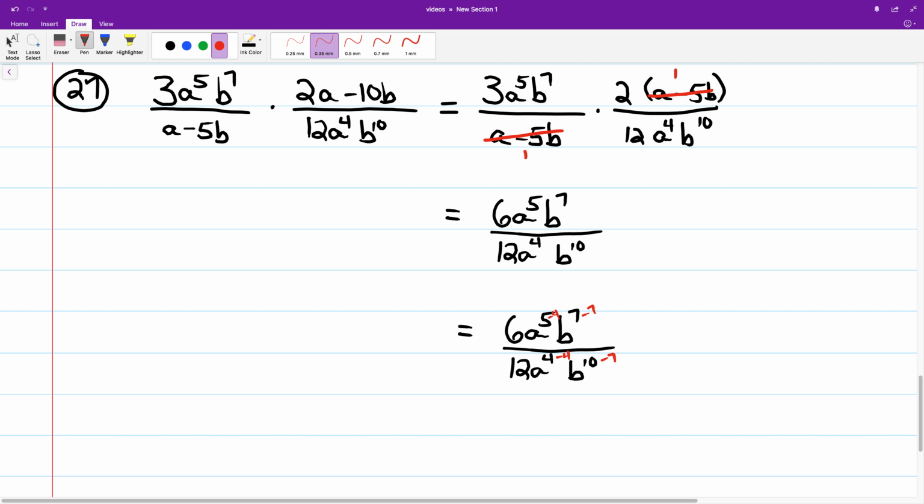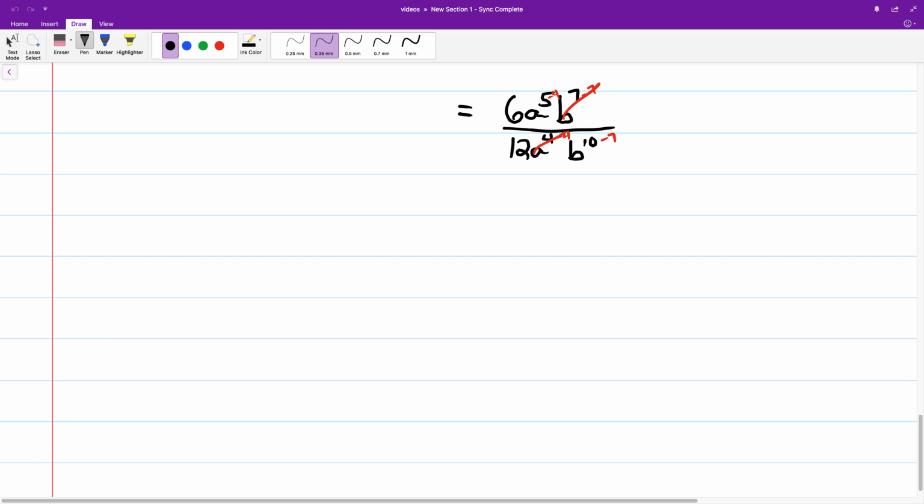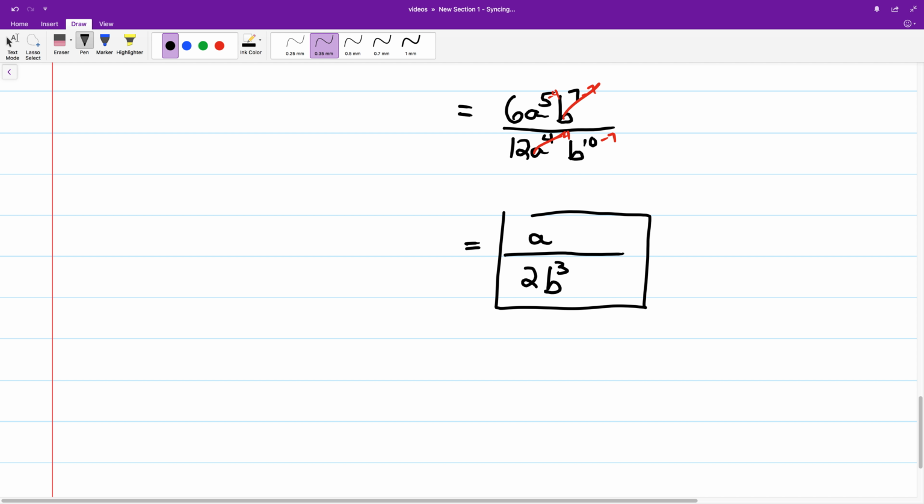So we have the smaller degrees in a and b go out, and once again 6/12 is going to go to 1/2. For what will be left over, we have a to the 5 minus 4, so this will leave us with a, and in the denominator 12 goes to 2, and b to the 10 minus 7 goes to b to the 3rd. And so the result is a over 2b cubed.